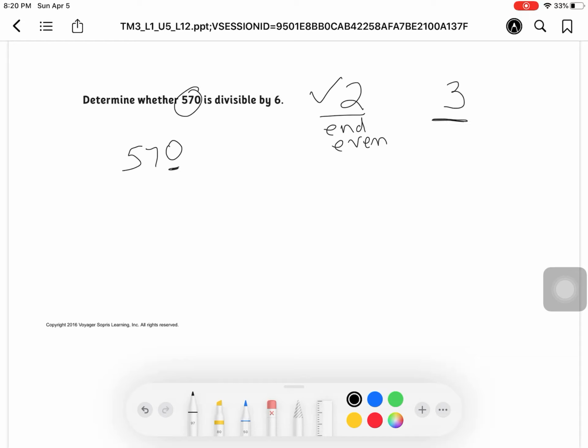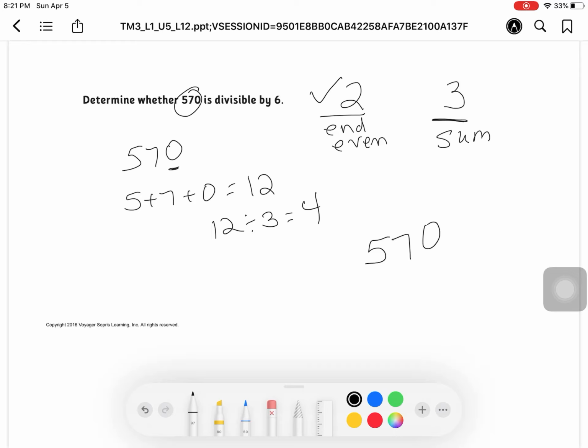Now my rule for 3 was the sum of the digits is divisible by 3. So if I add 5 plus 7 plus 0, I get 12. And if I think about it, will 3 go into 12 evenly? And the answer is yes. I get 4. So now I know 570 is divisible by 6.